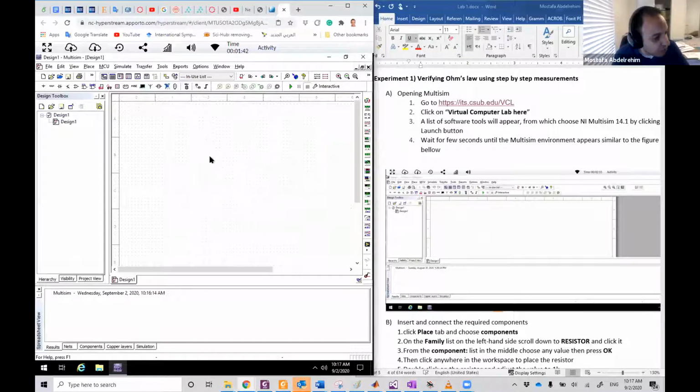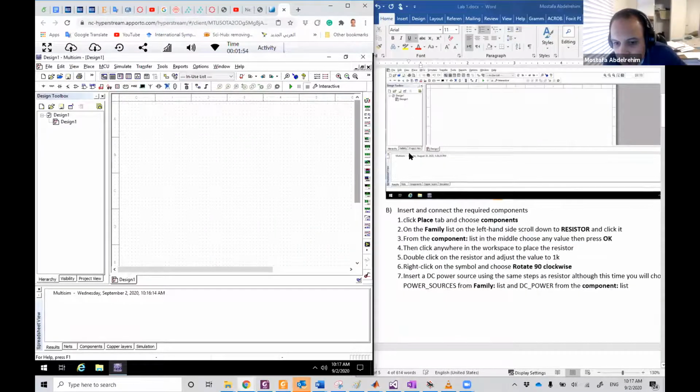This is now the name of the project. You can change it later or now, whatever. I put this also in this manual here. So it's loaded.